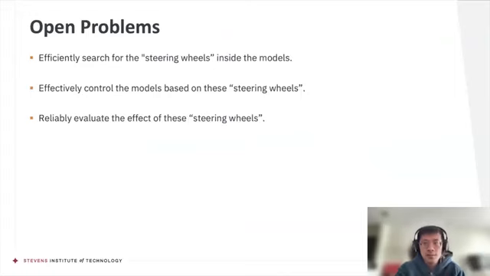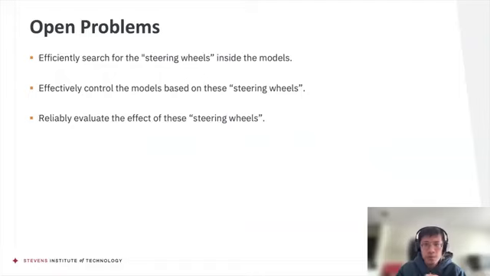So with the promising progress, we still have a lot of open problems. For example, what is the most suitable form of steering wheels to control the models, and how to make the controlling effective and efficient? We don't want to combinatorially search all of the possibilities of steering wheels.